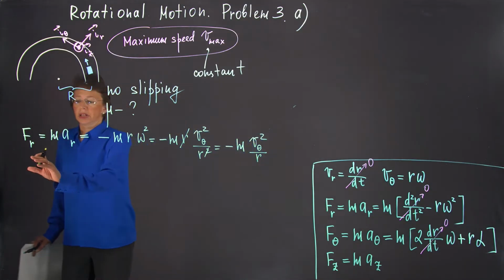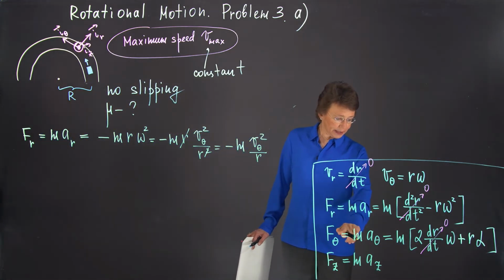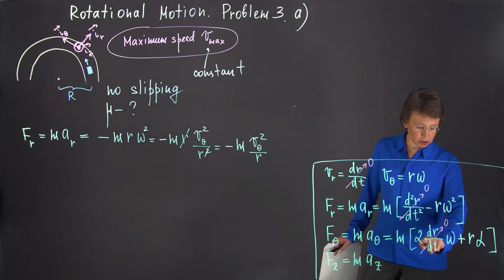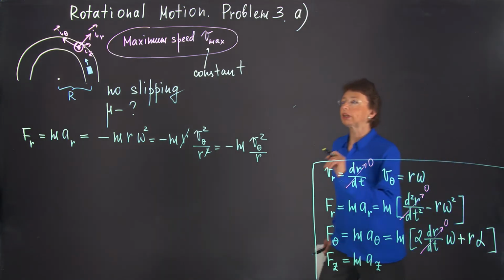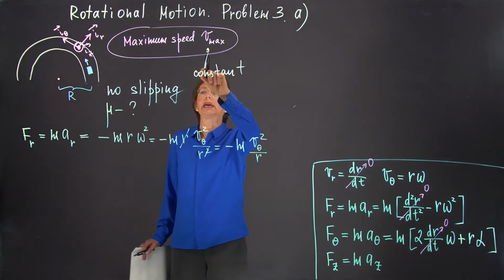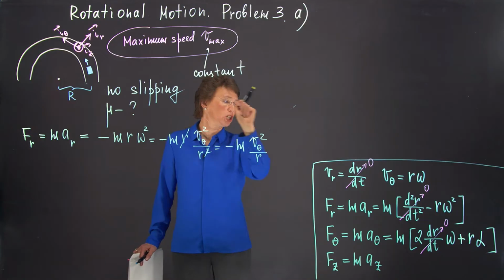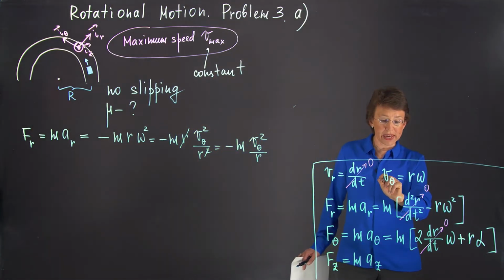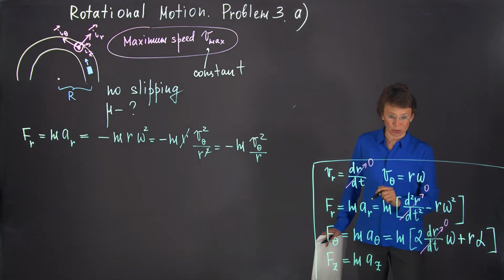Now, do we have F theta? In F theta, the first term is 0 because dr dt is 0. What about alpha? The car is moving with maximum speed, V maximum, which is constant. So V is constant, which means that omega is constant since r is constant.